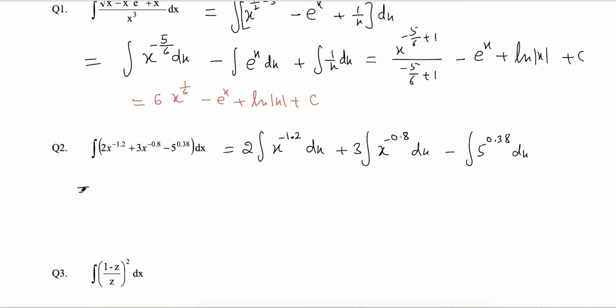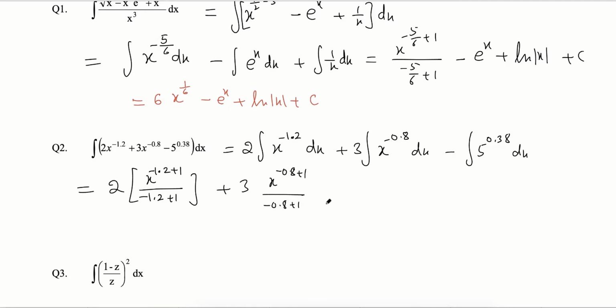Now, first let's do this part. So 2 into this part: integration x power minus 1.2 is x power minus 1.2 plus 1 divided by minus 1.2 plus 1, correct? Plus 3 into x raised power minus 0.8 plus 1 divided by minus 0.8 plus 1.